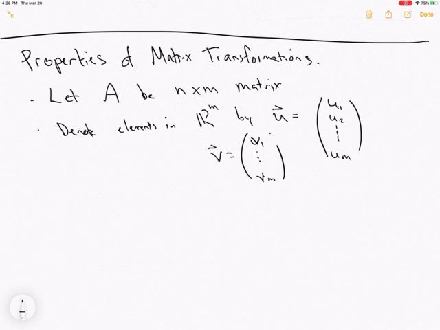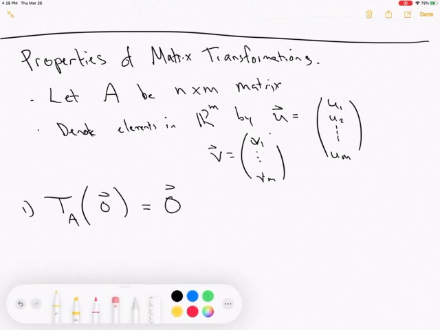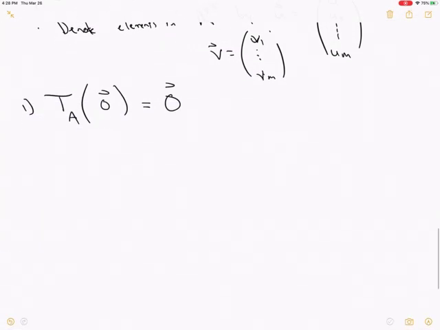So the first property is that Ta of the 0 vector is equal to the 0 vector. Here, the input is the 0 vector in Rm, so that means that this is really 0, 0, a bunch of zeros, but you have m of them.